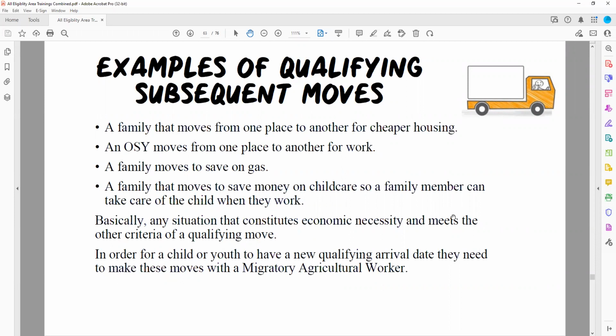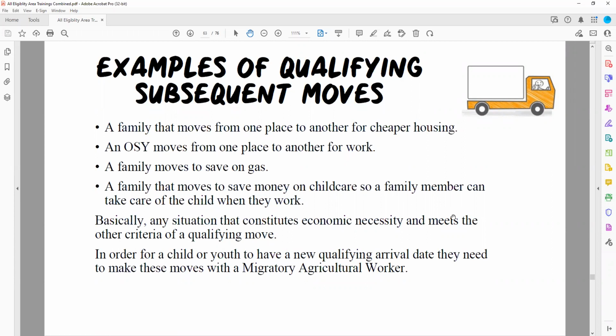Maybe they found out that the agriculture job has ended, but they heard of another job in another place, and they have family close that can help take care of the kids, and now they're going to work in a restaurant instead. That's perfectly fine as long as it is an established migratory agricultural worker within that 36 months. So they've made a move themselves for agriculture, and the children are joining that migratory agricultural worker.